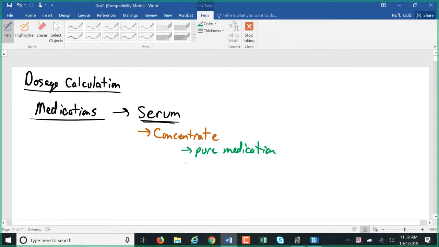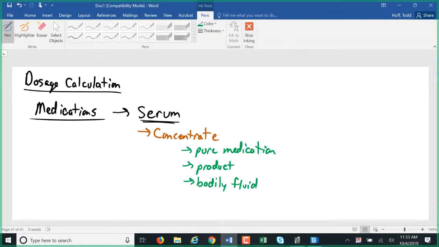Could be some sort of other product like rubbing alcohol, pure hydrogen peroxide, something like that. It's not a medication, but it has some sort of usage. Or it could be some sort of a bodily fluid. Urine or blood mostly when we're dealing with that. So the serum refers to the item that is medically important to us.